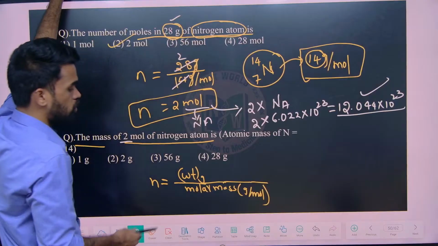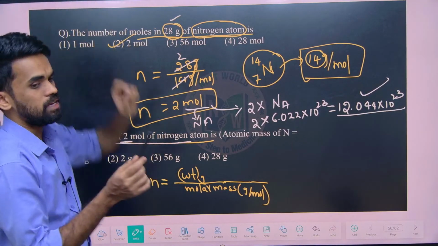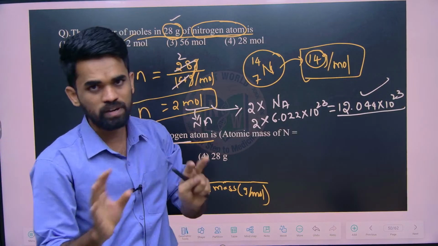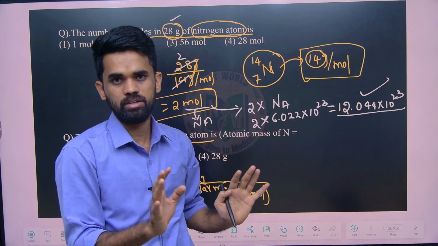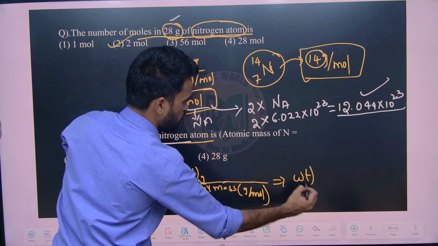Now they are asking for the mass of 2 moles of nitrogen. In chemistry, sometimes we use the word mass, sometimes weight; no worries, consider both as the same. So what we require here is the weight of that nitrogen atom.